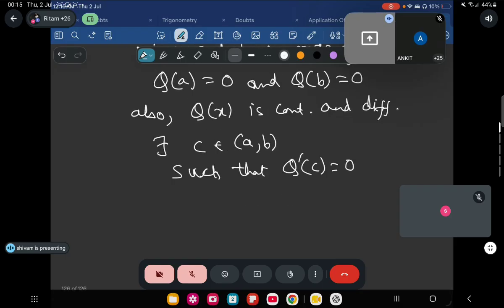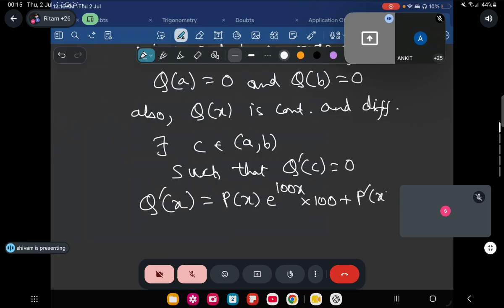Now let us differentiate q of x. Q dash x will be equal to p of x into e to the power 100x multiplied by 100 plus p dash x into e to the power 100x. Put it equal to 0.